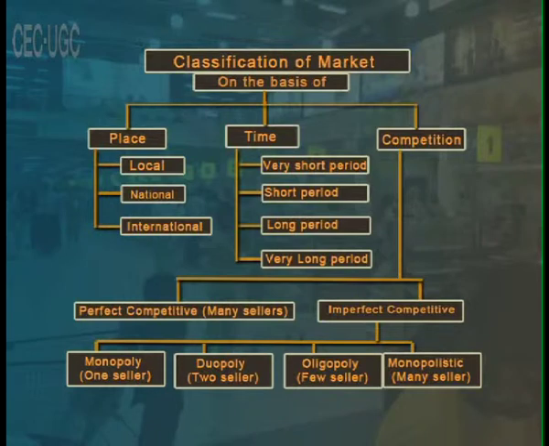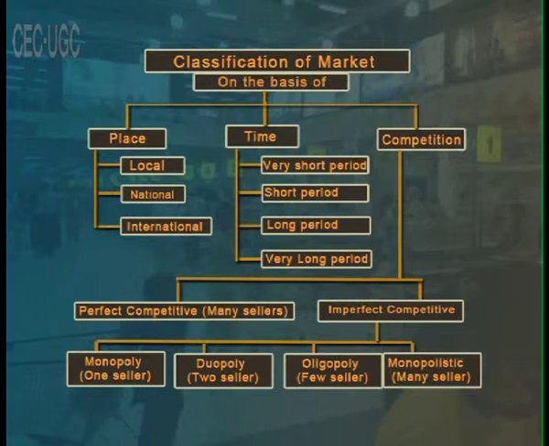On the basis of competition, the market is classified into perfectly competitive market structure and imperfectly competitive market structure. Both these market structures widely differ from each other in respect of their features, price, etc. Under imperfect competition, there are different forms of markets like monopoly, duopoly, oligopoly, and monopolistic competition.